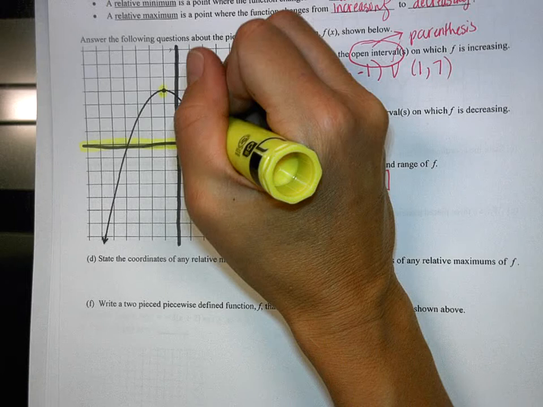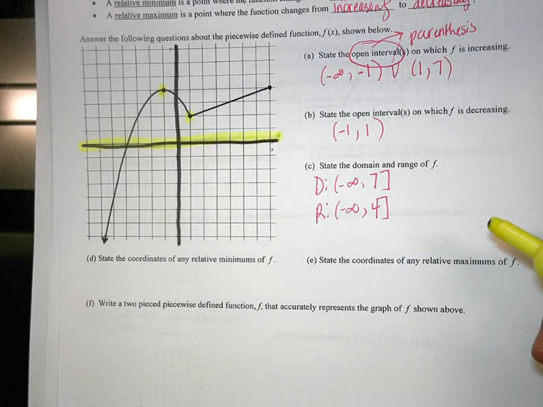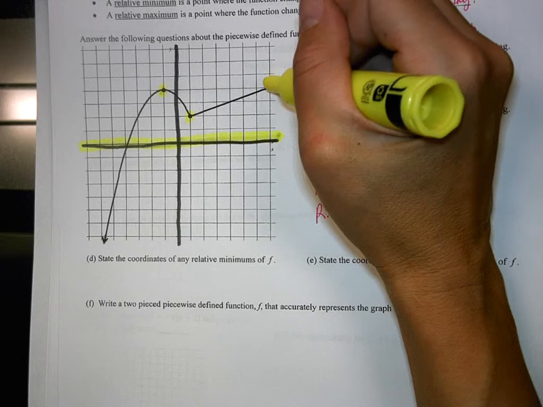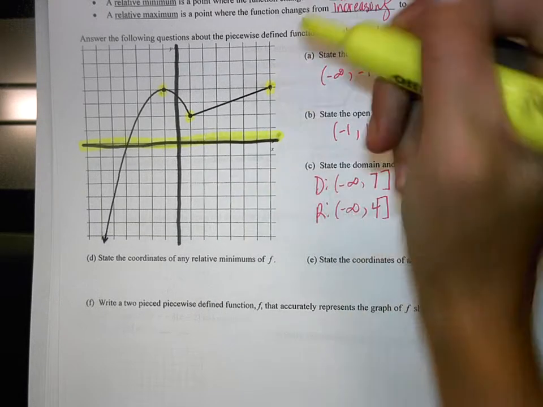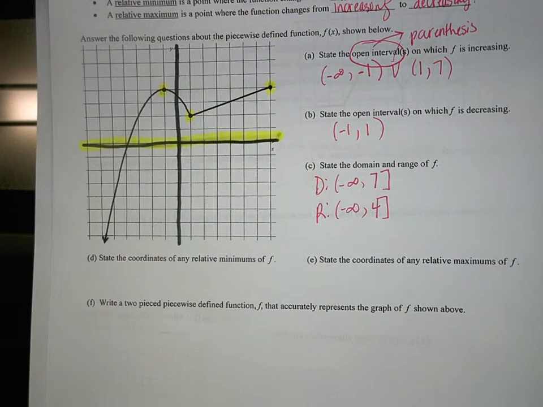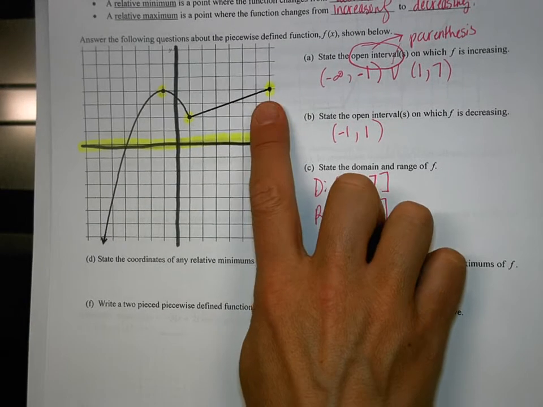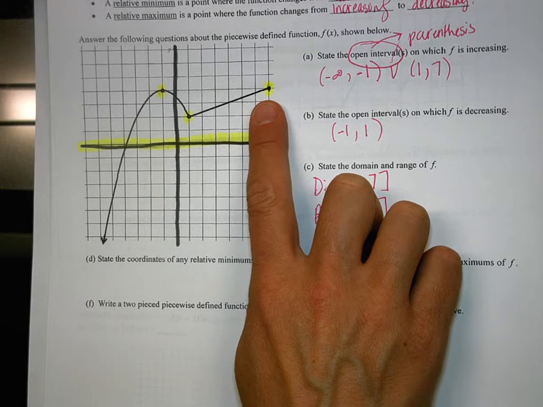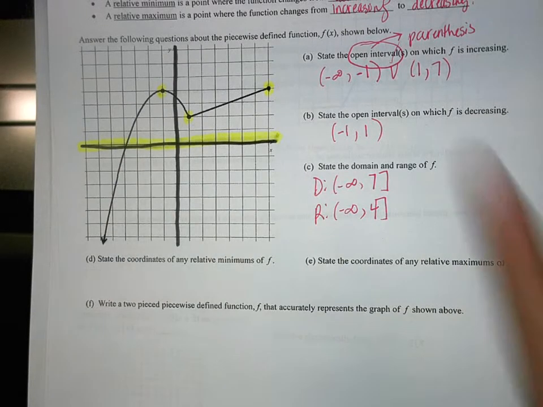You have this point right here where it also changes directions. And you have this point right here, but is that one changing directions? No, it just stops. So this is not a relative min or max because it doesn't change directions. It has to go one way and then turn around.